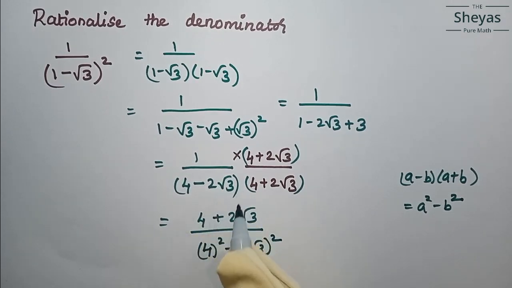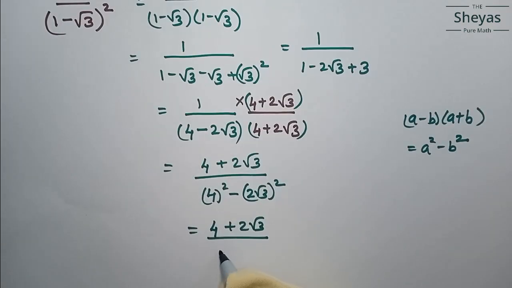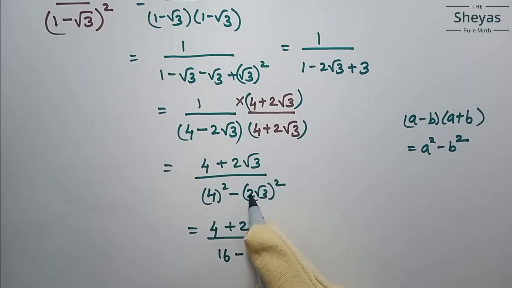So 4 square minus 2 root 3 the whole square. What is the b term? 2 root 3. So using this formula you can write 2 root 3 the whole square. So 4 plus 2 root 3 by, 4 4s are 16 minus, here you will be getting 2 square. I am giving the square separately to 2 and root 3, so root 3 square.